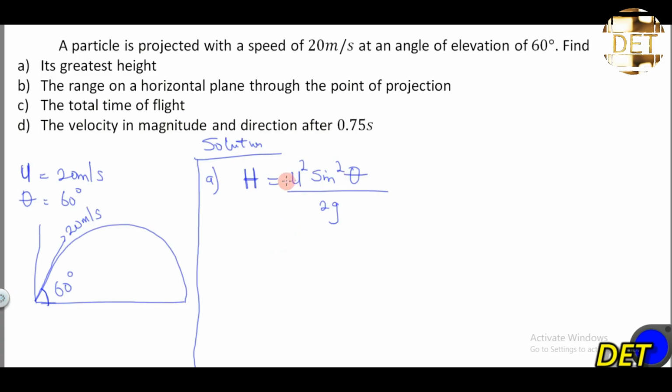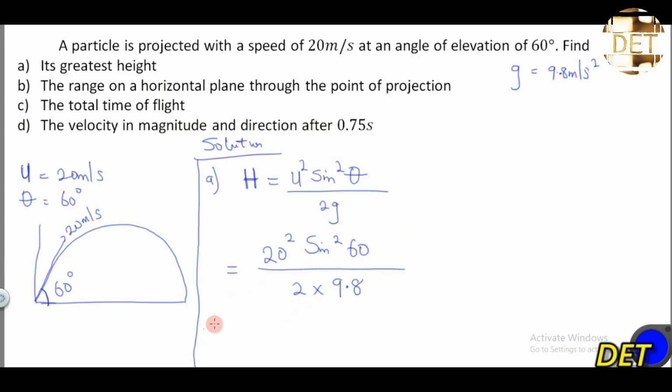The value of u is 20 meters per second, so that is 20 squared, sine squared 60, divided by 2 times g. Acceleration due to gravity g is 9.8 meters per second squared.